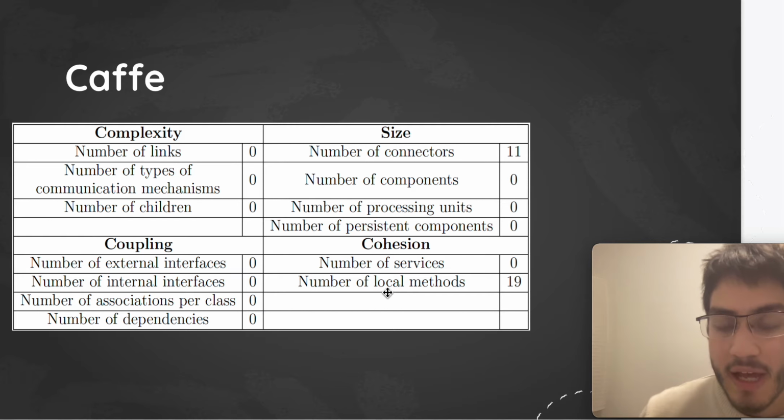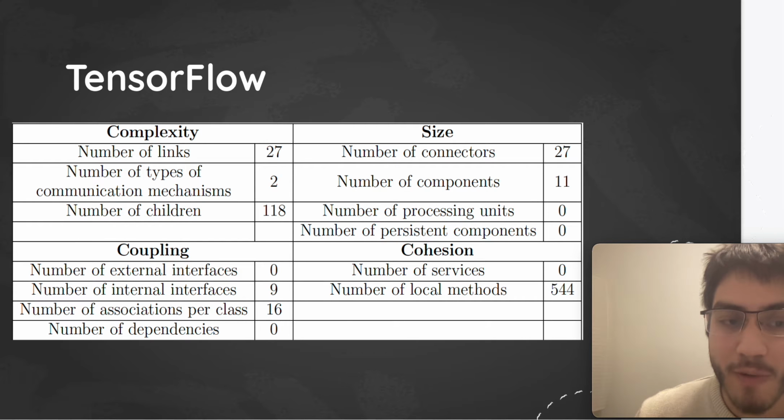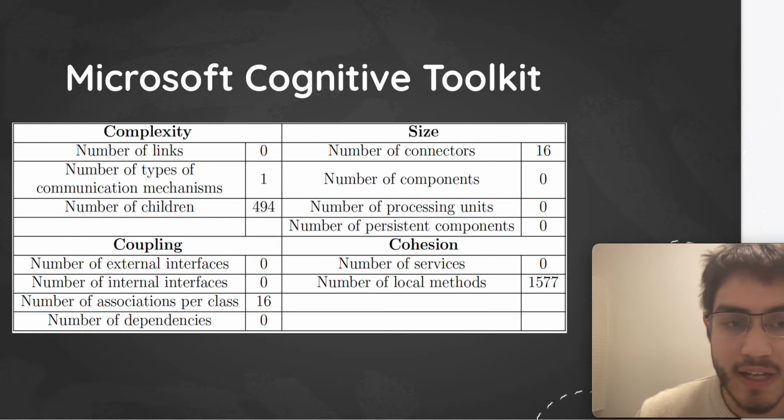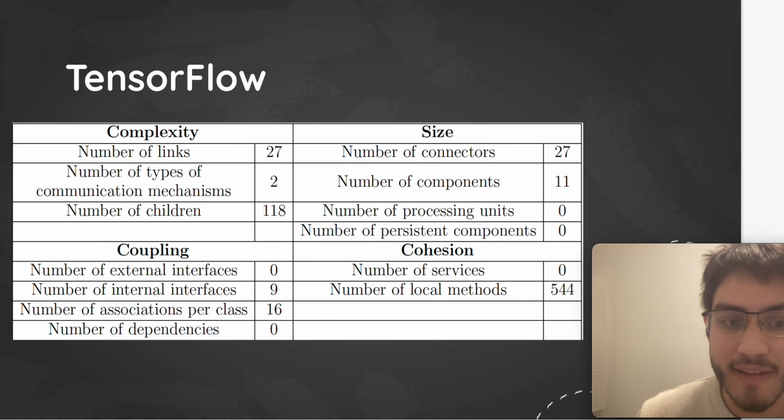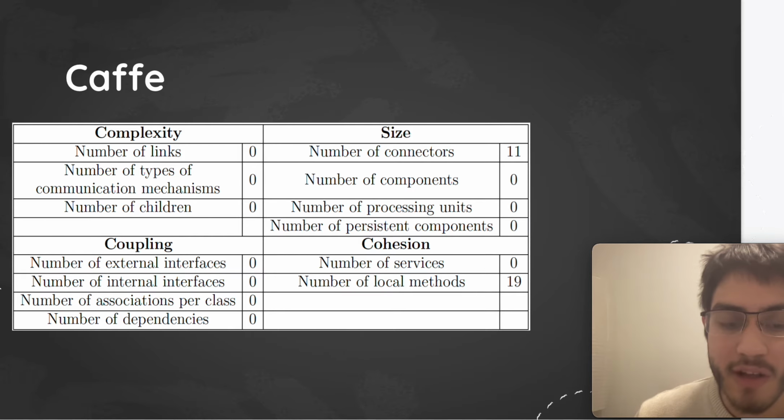So we see that Cafe is probably the smallest framework of these three. The complexity is not very high, but also maybe there are not a lot of contributors working on this project, so that's probably why.